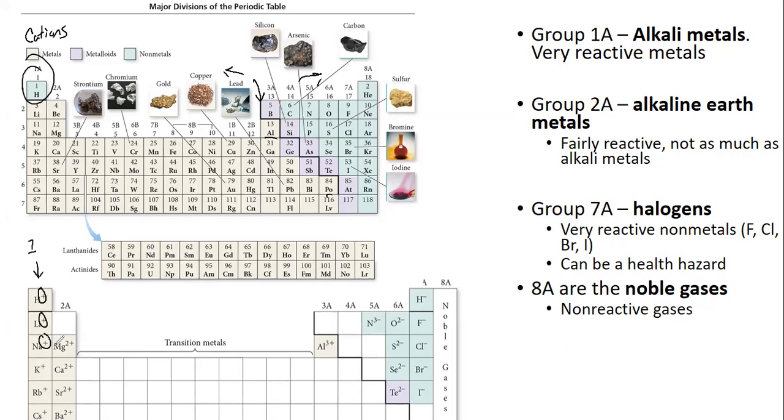So they always form a +1 ion when they react in a reaction. While group 2 metals, the alkaline earth metals, they're reactive, but they're not as reactive as the group 1 metals. So if you were to throw solid calcium, which you can buy in the store, right? You can buy calcium pills. If you throw that into the water, you're going to get some fizzing, but you're not going to get an explosion.